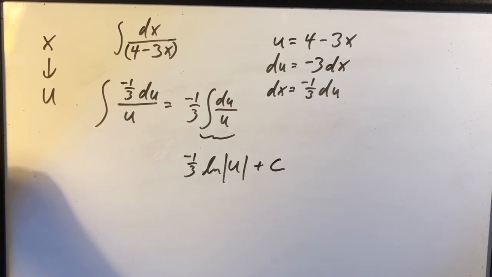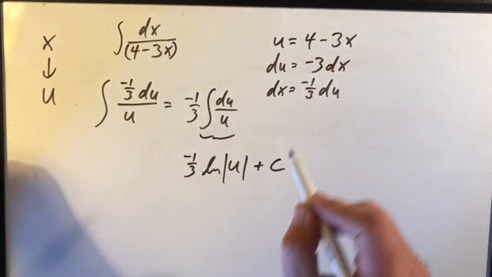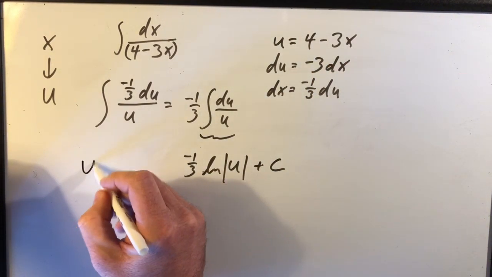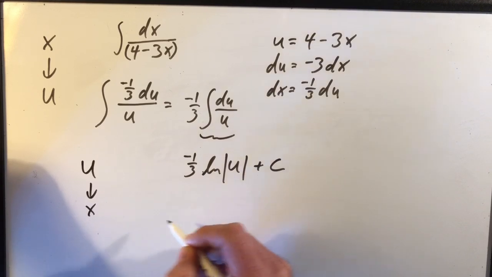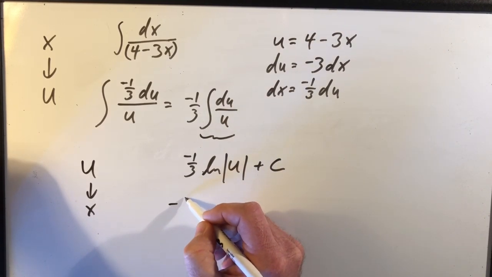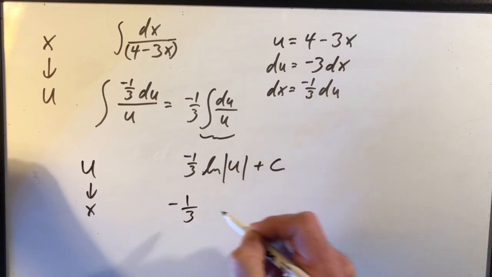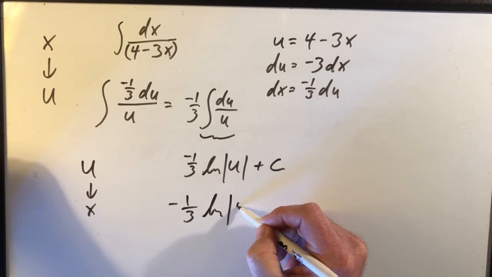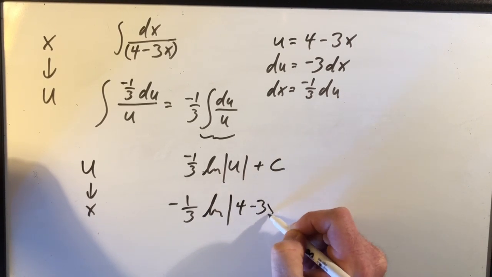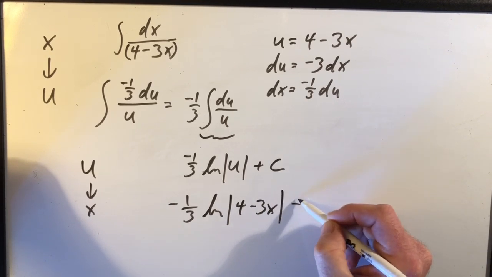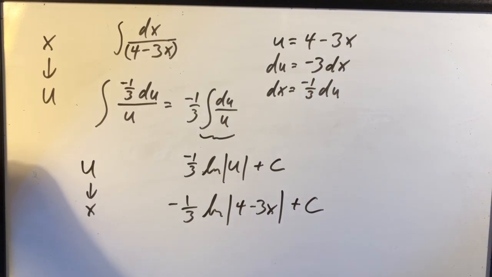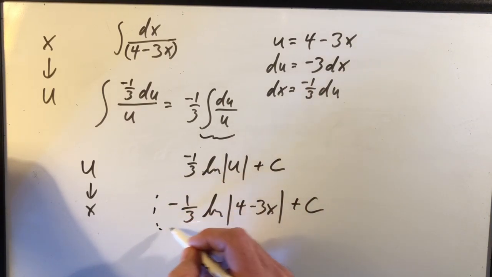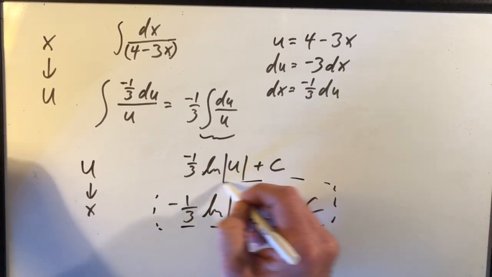Okay, so that's simple enough. So we've got that. Now we can substitute, go back from u to x, and we have negative 1/3 ln of the absolute value of 4 minus 3x plus c. And that is your answer.